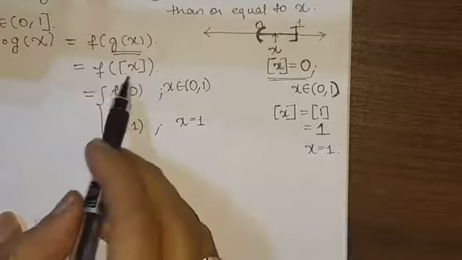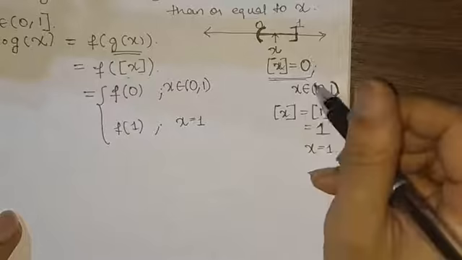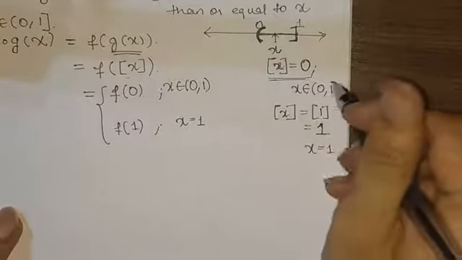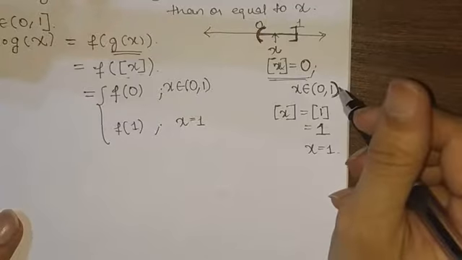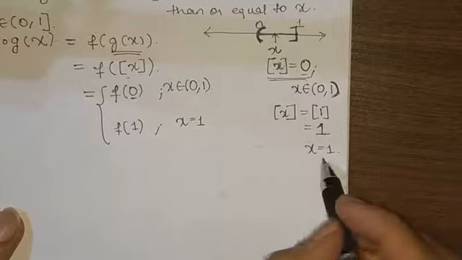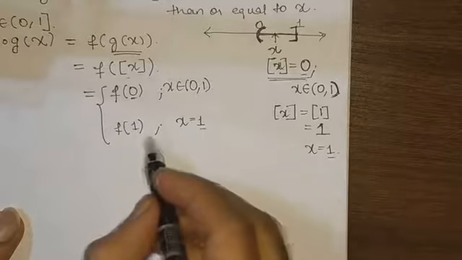I am just writing the values of the function in these sets. So when x belongs to the open 0 comma 1 open, then you will get 0, and when x is equal to 1 you will get 1.